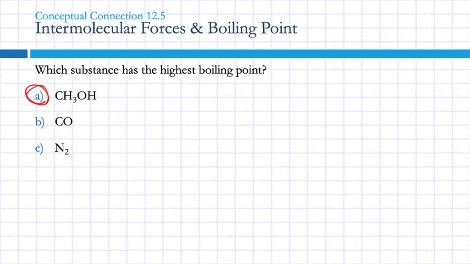If you threw in something like I2 in here, I2 only has dispersion forces, but I2 is much larger than these guys. This one's 28, and this one is 28, and this one I think is 32 grams per mole. And this guy down here would be like 250-ish, much bigger.